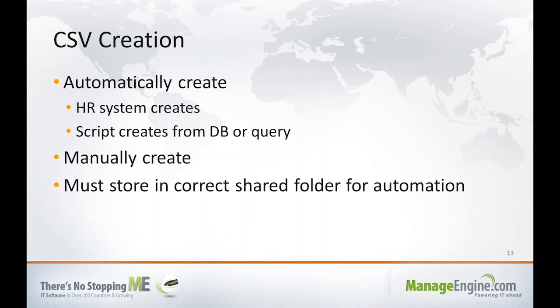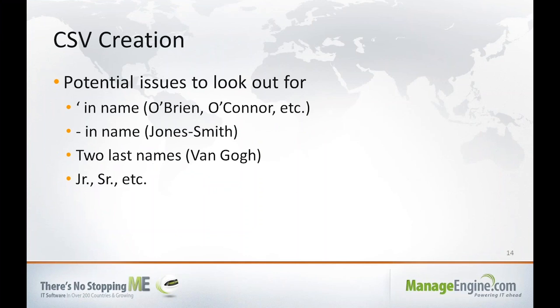What are some details? Well, you're going to have potential issues. We have names that have a tick, O'Brien, O'Connor, right? So these could potentially cause issues, so make sure that you test these out. You're going to have hyphens in names, right? Joan Smith.